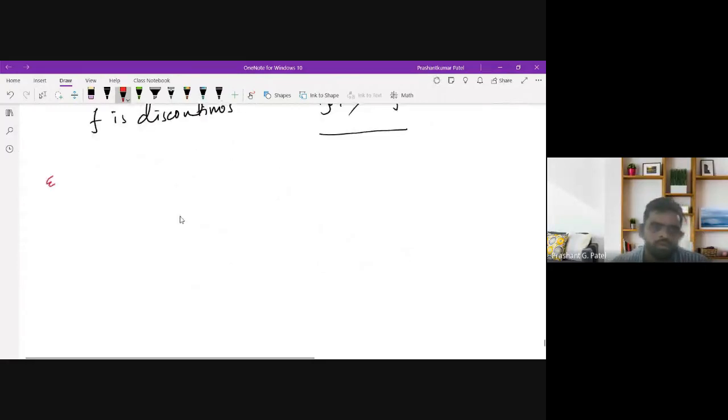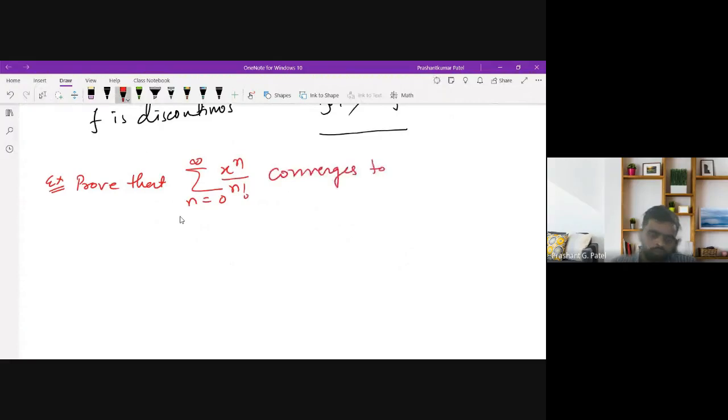So prove that the series summation n running from 0 to infinity x power n upon n factorial, this is the very well known series of e power x, converges to a continuous function on the interval I. We know that this is an expansion of e power x.